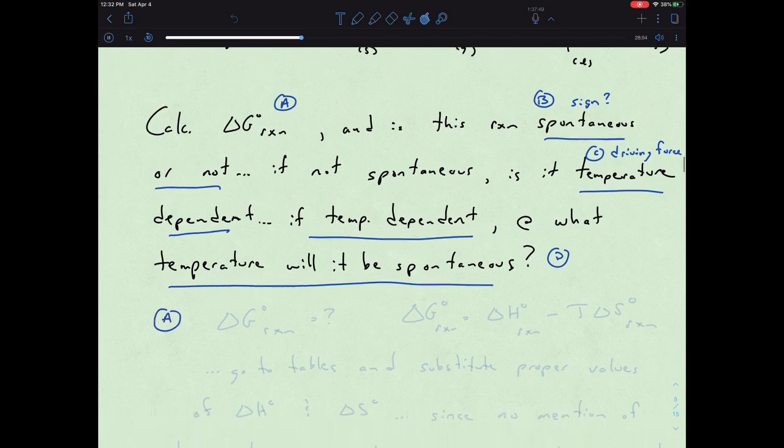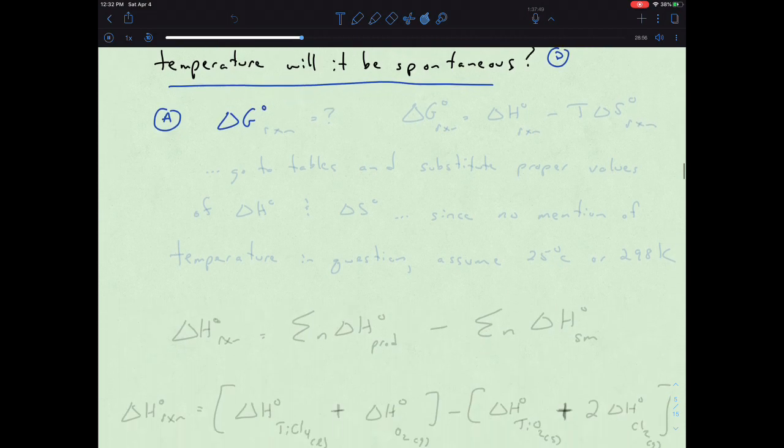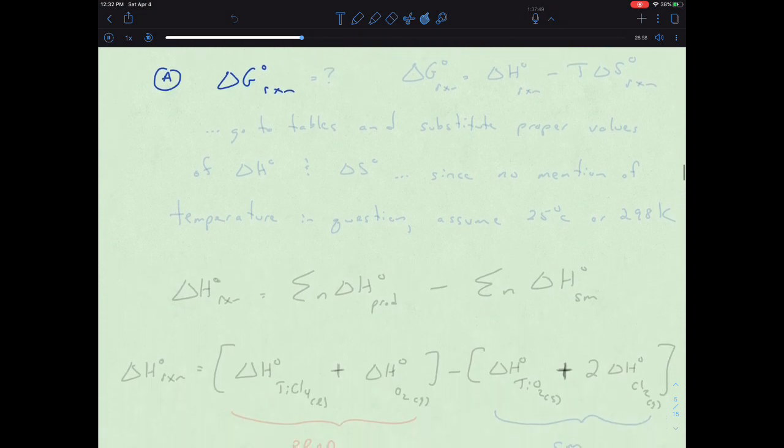In looking at part A, we're asked for the delta G of the reaction. And our delta G for the reaction, from our Gibbs free energy expression, is equal to delta H of the reaction, or the enthalpy of the reaction, minus our temperature times the delta S, or the entropy of the reaction.